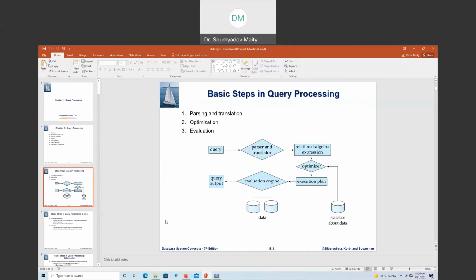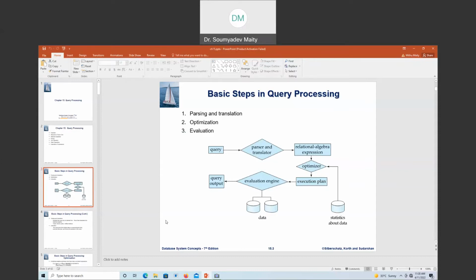Along with that, in an expression with the lowest cost, there are many algorithms. To implement each of the operations, selection, projection, join, we have studied several algorithms. So we choose the algorithm which will have the lowest cost according to the statistics of the data.